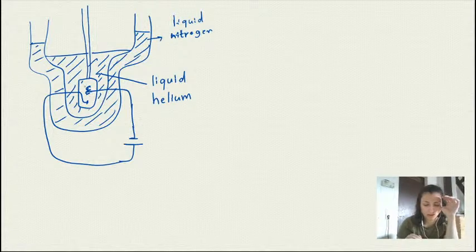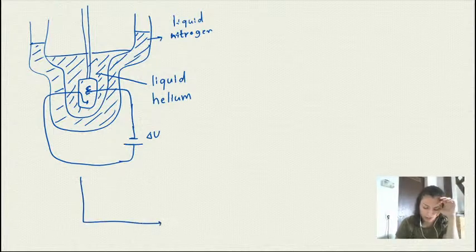And with this system, we will get something like this. If this is the voltage, we get a graph like this. If this is temperature and this is the difference voltage, we get something around this.